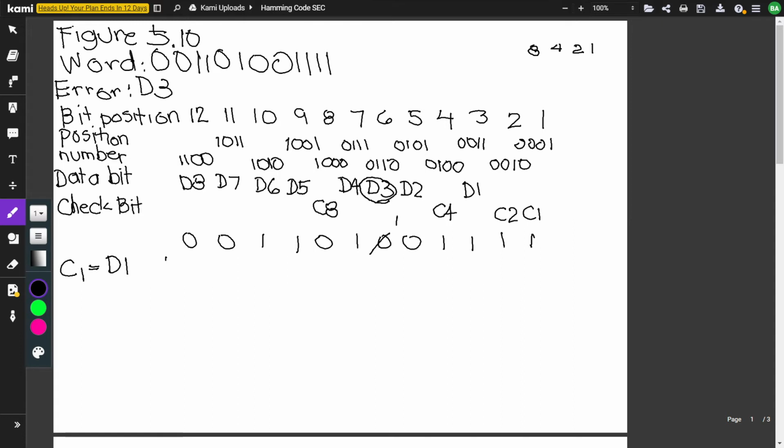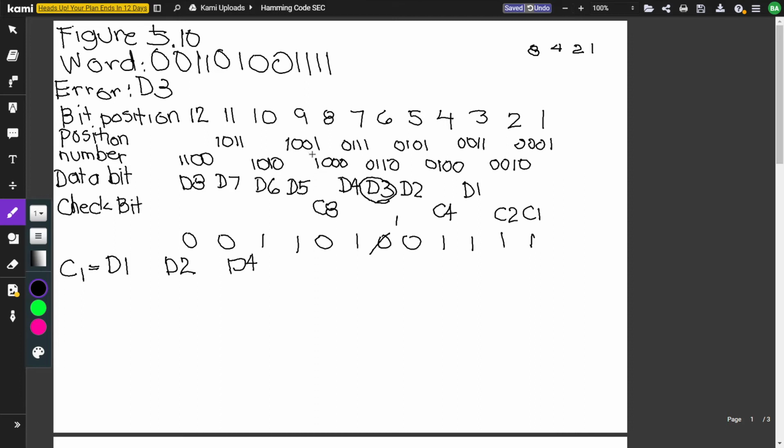Does D3 have a 1? It doesn't, so we do not include D3. Next we have D4. Then the check bit is 8, then 9.